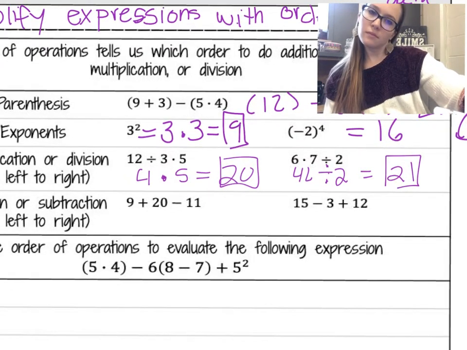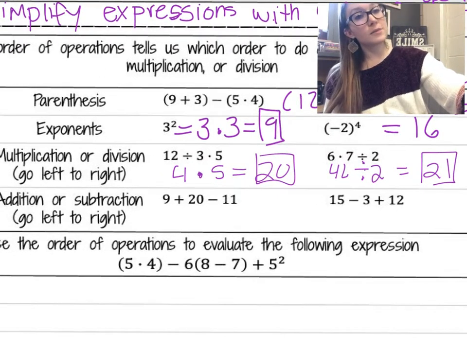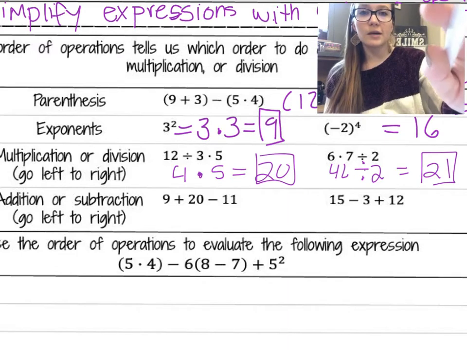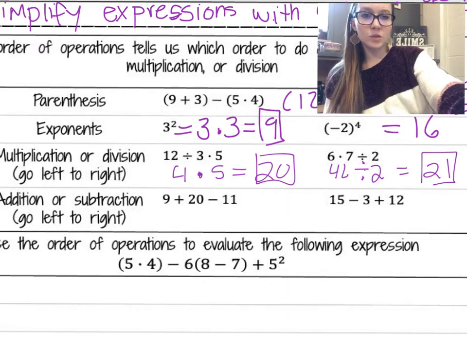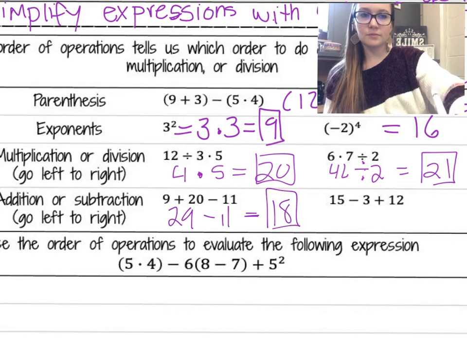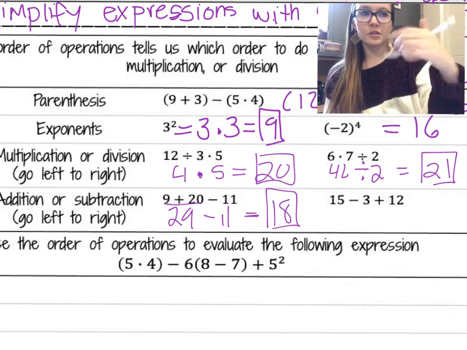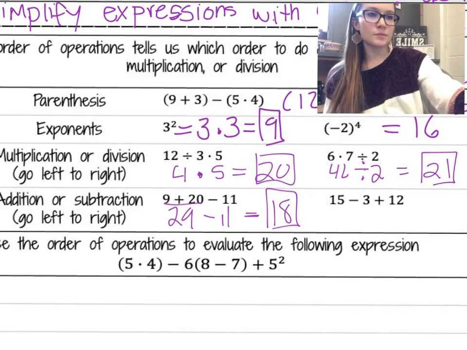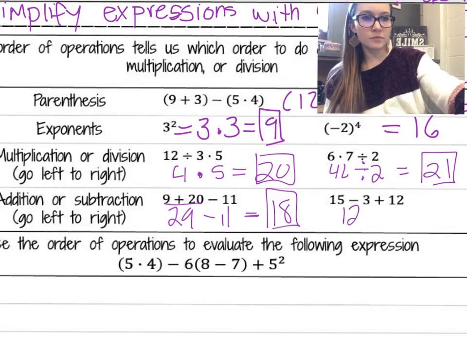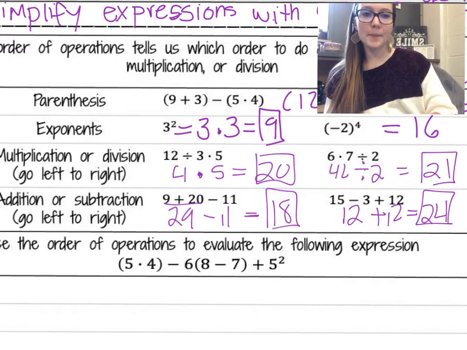Then addition and subtraction, again, going left to right. So we're going to start with 9 plus 20 is 29, minus 11 is 18. So start with the first two, then do the next one. Okay, 15 minus 3 is 12, plus 12 is 24. So left to right.